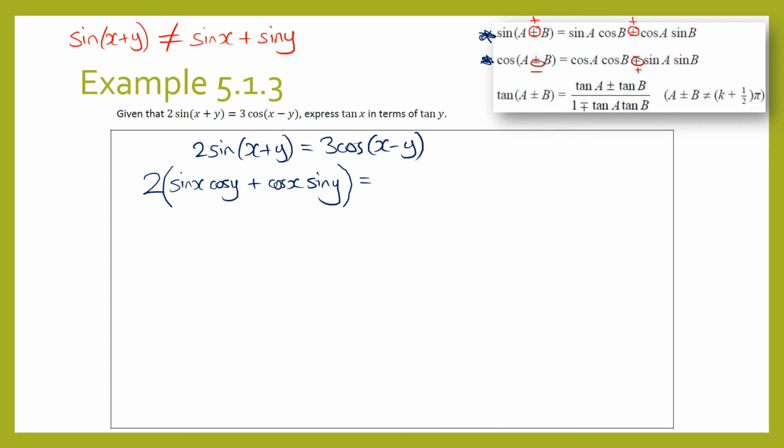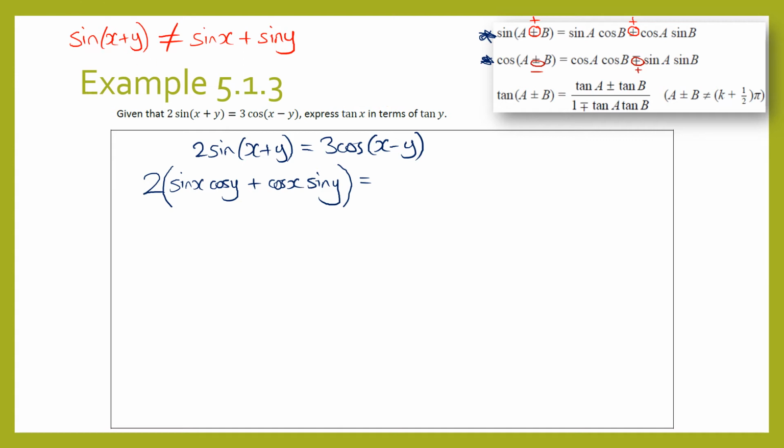For example, if we had 7 open brackets x plus y, what that means is 7 multiplied by the bracket x plus y, so everything in the bracket gets multiplied by 7. But here there is no multiplication at all. This is sine of x plus y, the sine function. We're not multiplying anything, so we can't use the properties of multiplication, where you can expand brackets like this.